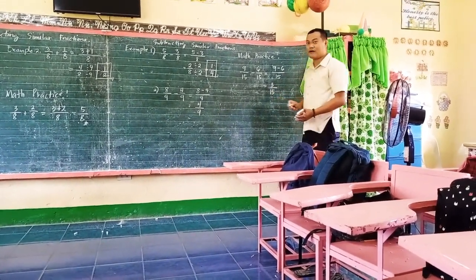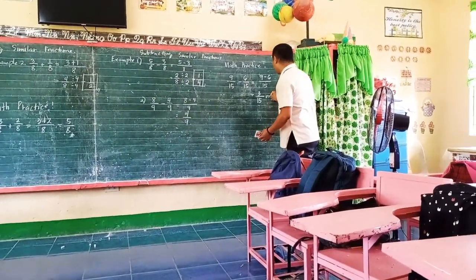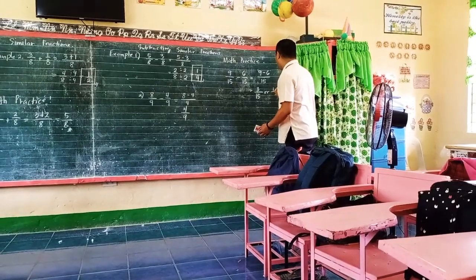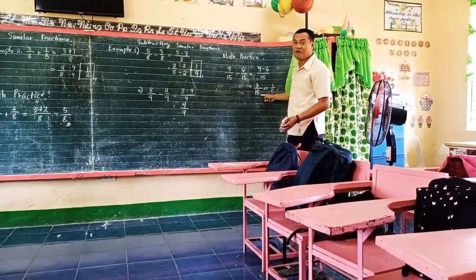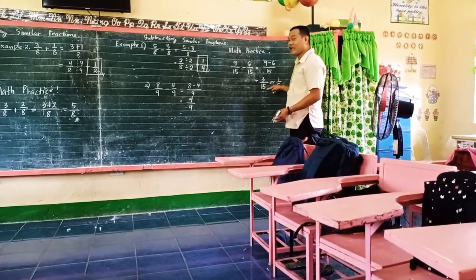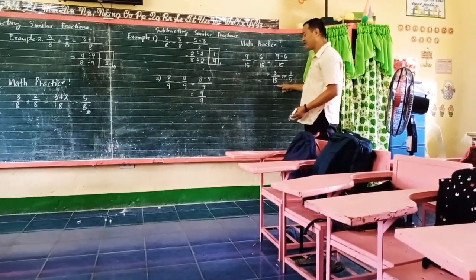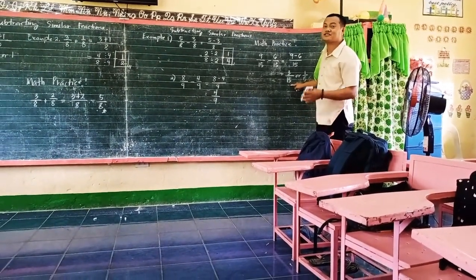Can we reduce our answer into its simplest form? Exactly. That is equal to 1 over 5 because 3 and 15 are both divisible by 3. The GCF of 3 and 15 is 3.